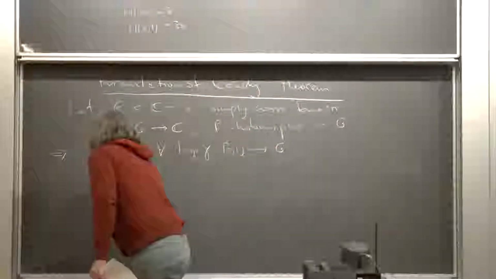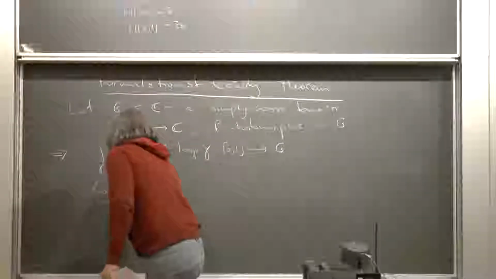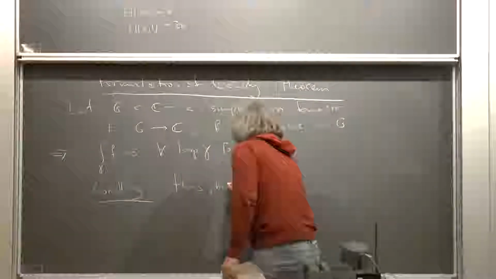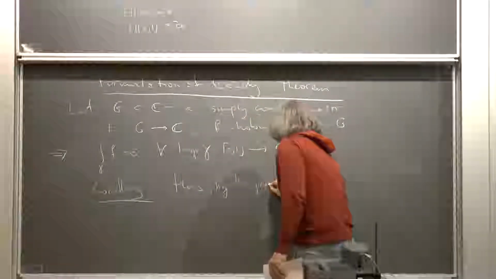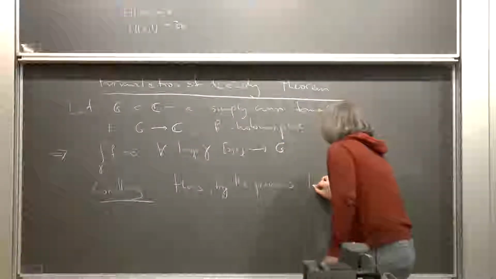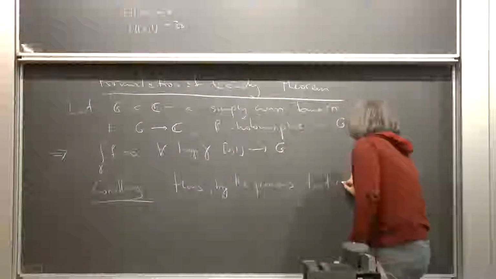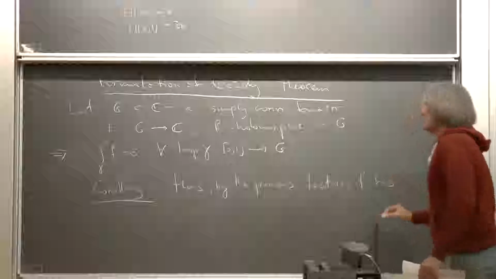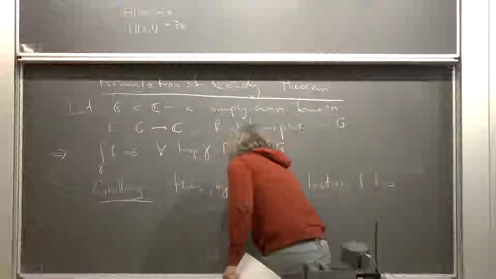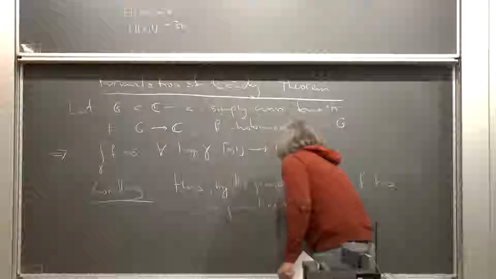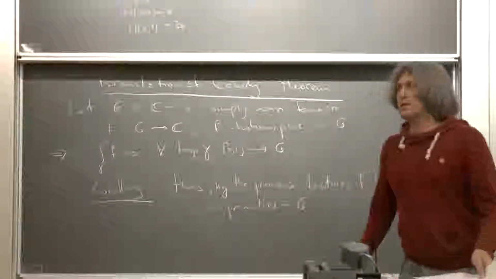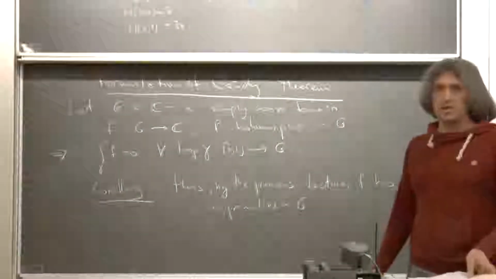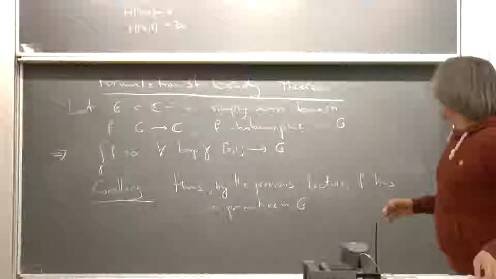And corollary: thus, by the previous lecture, f has a primitive. So before starting the proof, we will not prove it in this generality. We will prove it for star-shaped domains.